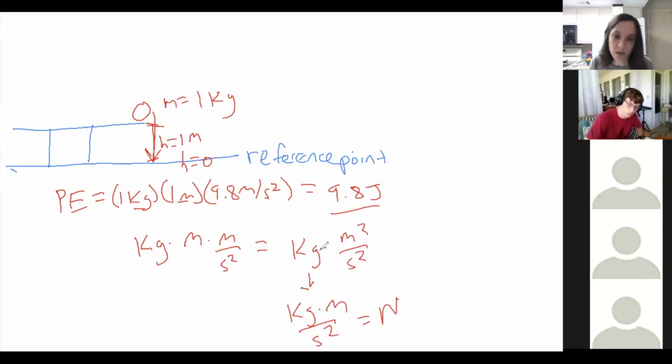So we could replace kilograms times meters over seconds squared with a Newton. At that point, you would have 1 meter left over. And so a joule could be written as either newtons times meters or as this unit right here, which you usually don't use.